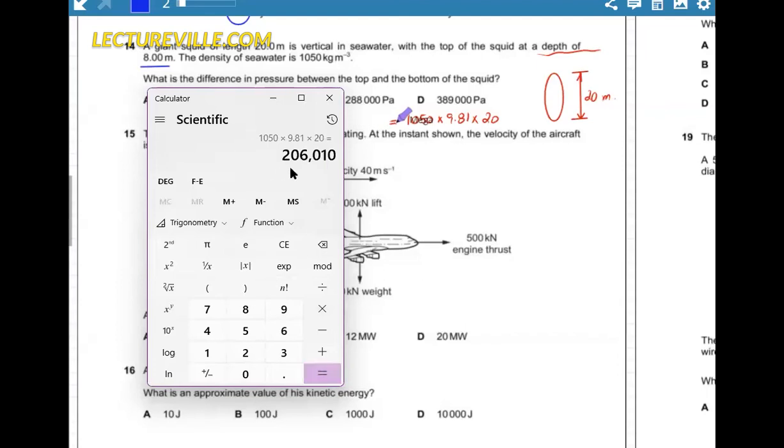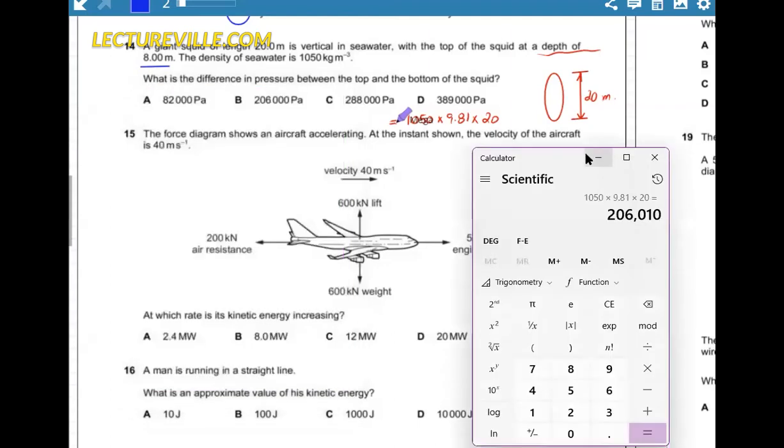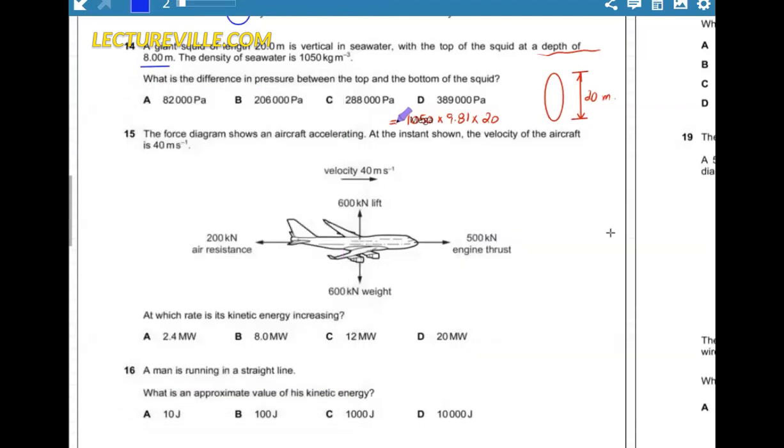So 206010. Rounding it off to 3 significant figures, the answer should be B.